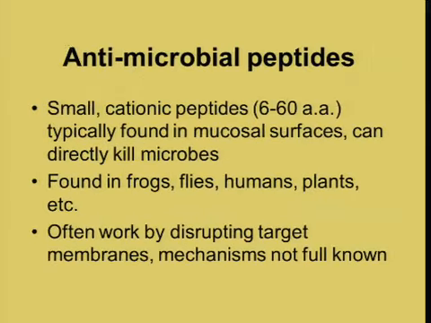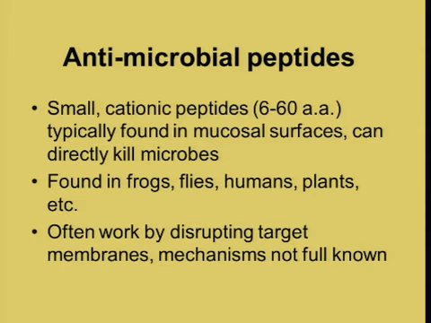Now, in addition to all these wonderful players, you also have various different antiseptic or antibacterial proteins, small proteins, peptides, that are present in various different areas. For instance, in your saliva. These are highly conserved, evolutionarily, proteins that are present in many different types of animals, actually plants too, frogs, flies, humans, plants, a whole bunch of other stuff.